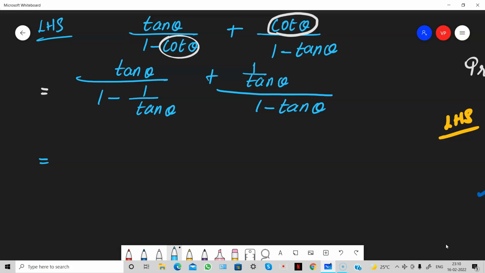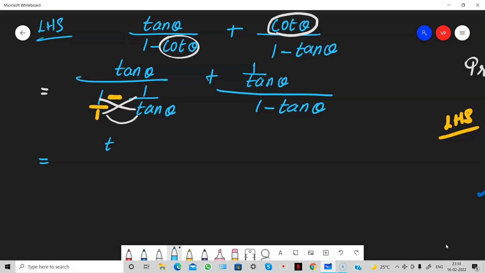Look at me carefully. Here the denominator is 1, and in between is a subtraction sign, a difference. So we are going to take the LCM method or cross multiplication, the butterfly method.